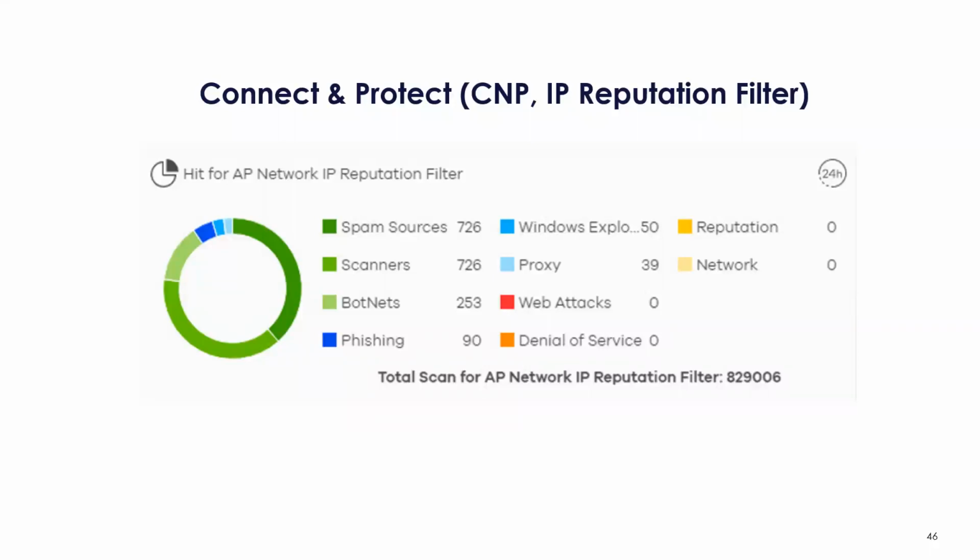It is a lightweight UTM, so it's based primarily on IP reputation filters, and it allows you to block things like spam sources, IP scanners, botnets, phishing URLs, proxies, et cetera.